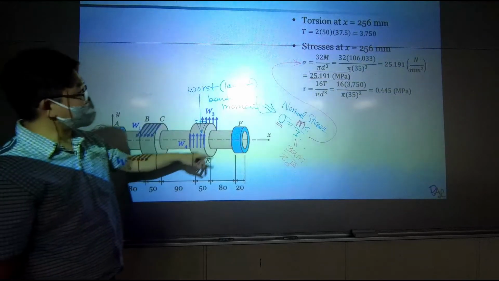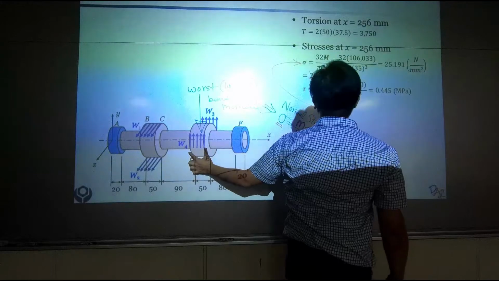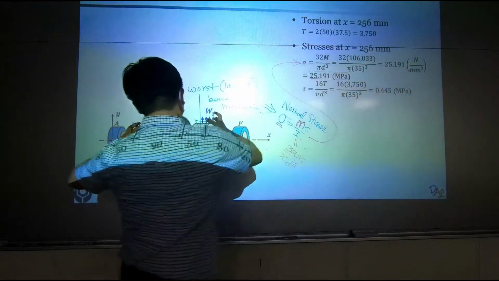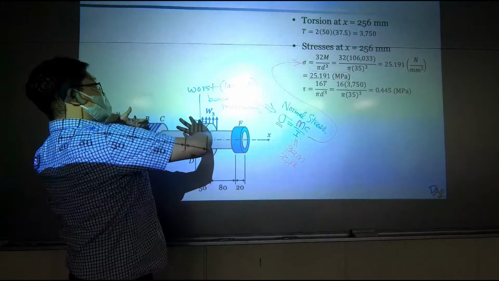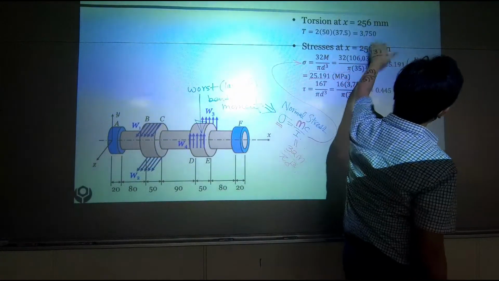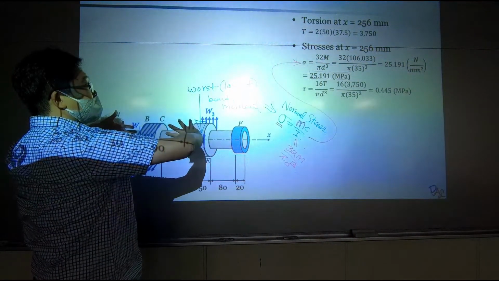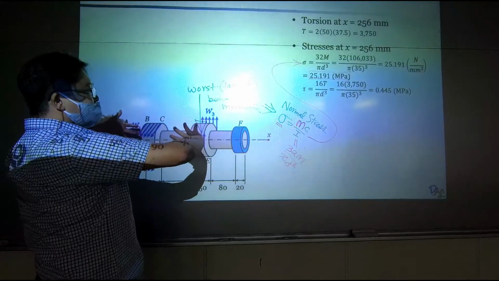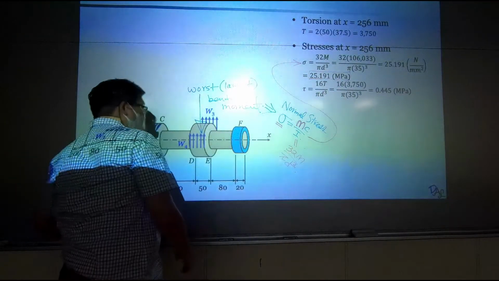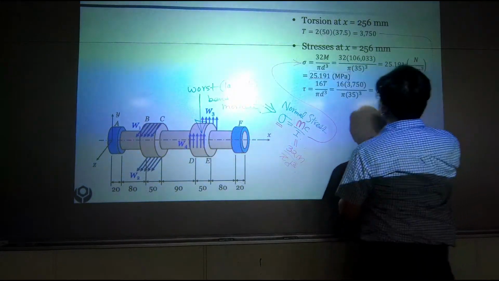So over here, 15 minus 13 times the width times the radius. This whole thing is always under a torque of 3750 Newton times millimeter.